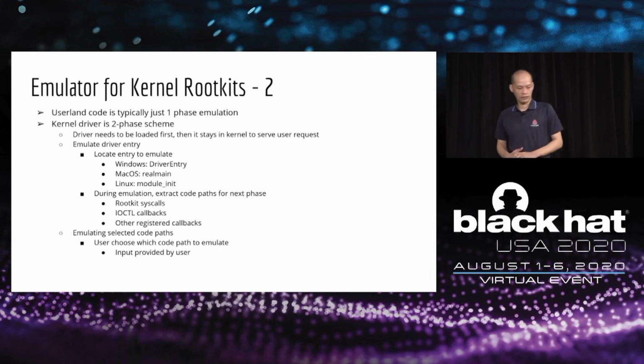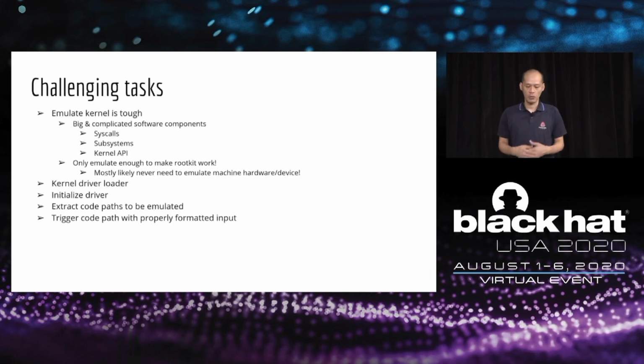So building Demigod is very challenging because emulating the kernel is very tough. There are so many complicated software components inside the kernel, but we choose to limit our implementation. We only emulate enough to make the rootkit work. And building the loader for the kernel driver is also very hard because it's quite different from what Chilling does.